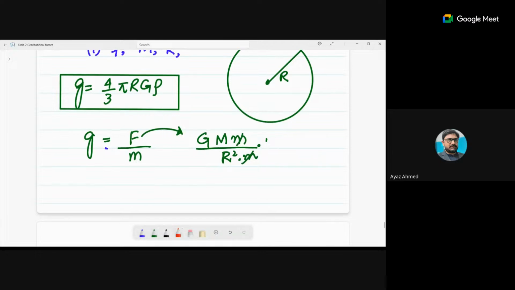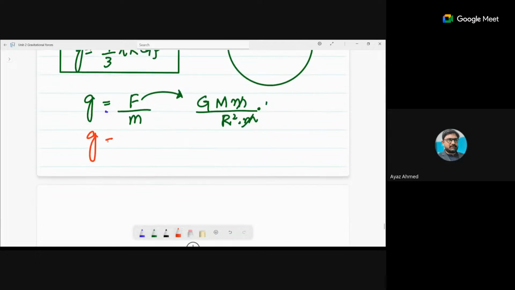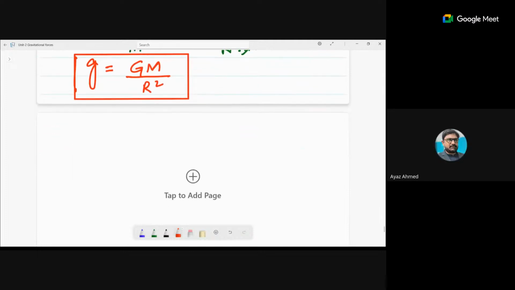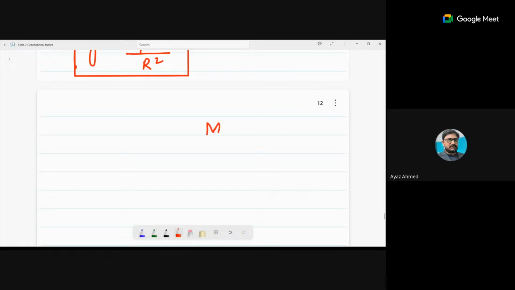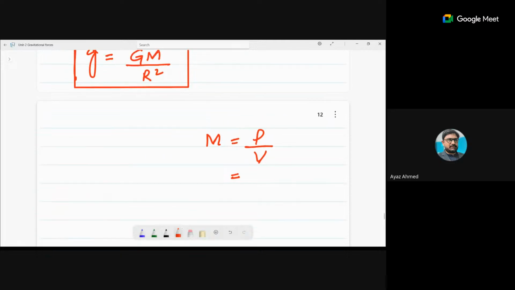And then from this one, actually this whole formula, it will be g equals G M divided by r square. You can make this a reference for you. If you use this one, if they ask you for mass calculations, you can just substitute mass as density divided by volume. And if mass is not available in this one, check.